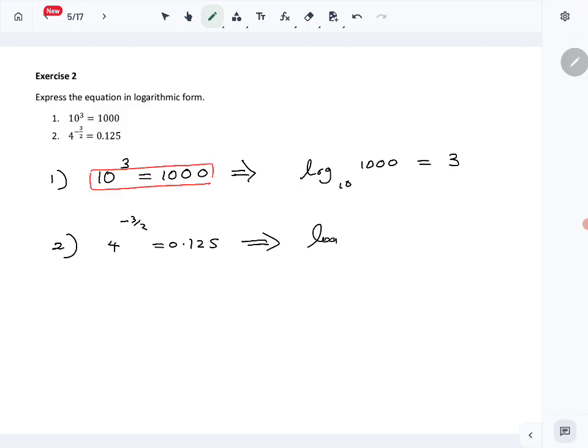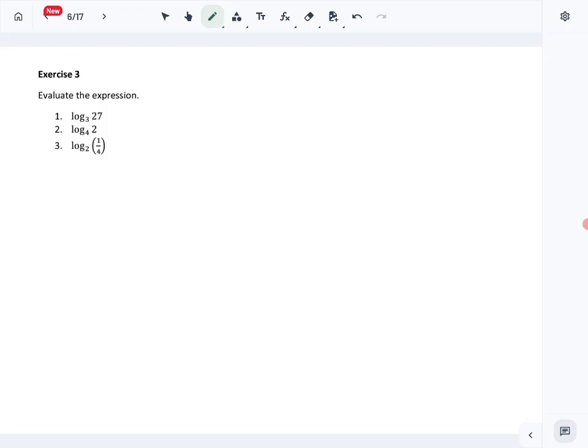Base 4, log base 4 of 0.125 is equal to minus 3 over 2. Right. So now we know how to convert from log to exponential or exponential to log. Okay. So now let's try to evaluate log expressions without using a calculator.